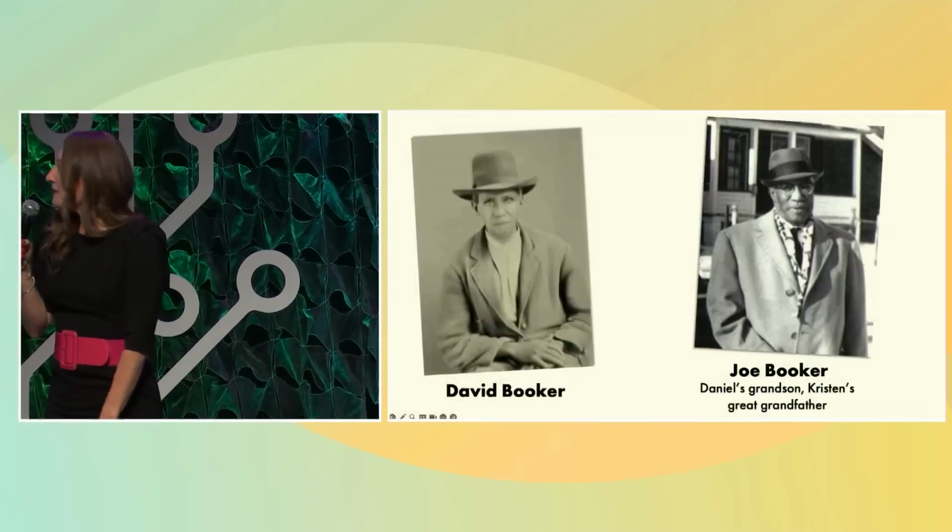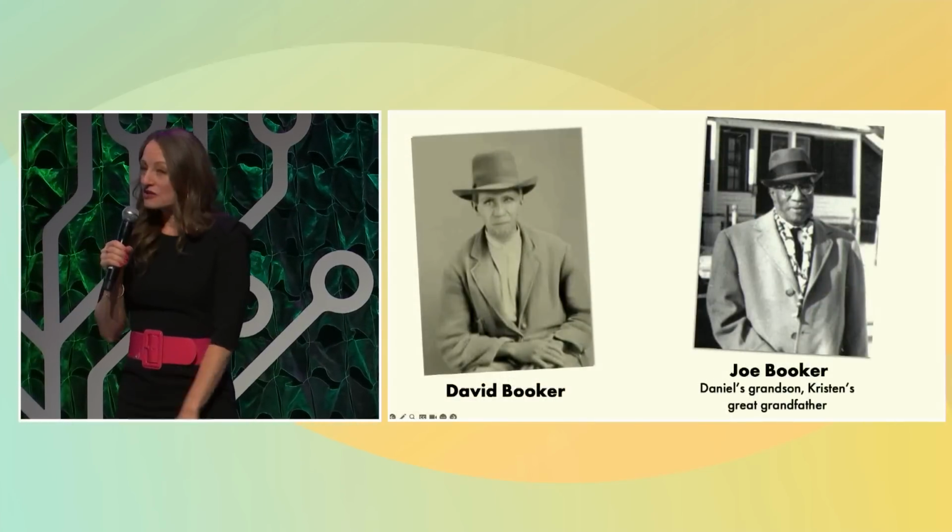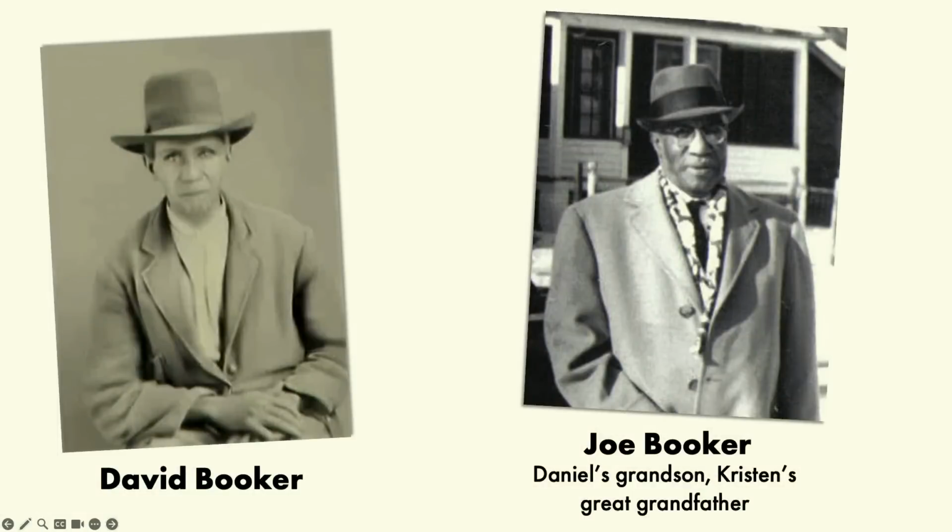So this is David Booker. This is a picture that she got from one of her DNA matches. So this is her three times great uncle or something. And this is Kristen's great-grandfather, Joe Booker, her ancestor Daniel's grandson. So not only has she discovered this connection, but she has a photograph now of this connection, and that has meant the world to her.